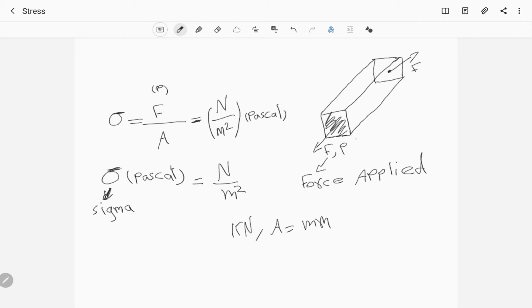Basically they will give you the length of one side of the member and the length of the other, and they ask you to multiply the two, let's say A times B, in order to get the area of the member. So sometimes it will be given as millimeter by millimeter. This will cause confusion later on when you write the Pascal. Let's see right now in the example what I mean.